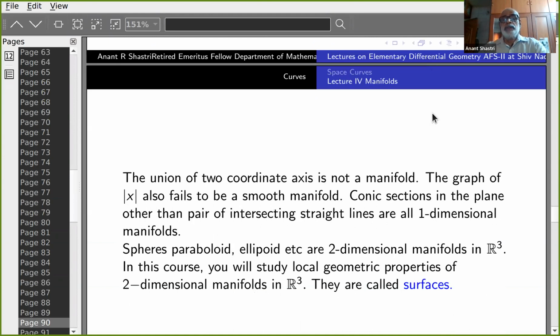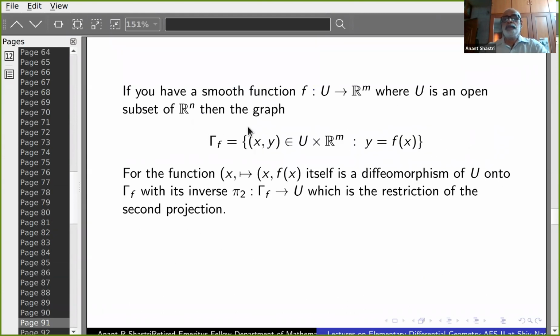Okay, so some more examples I give you. If you have a smooth function f from U to Rm, where U is an open subset of Rn, then the graph Γ_f, the set of (x, y) belonging to U cross Rm such that y equals f(x), that is a graph, right?